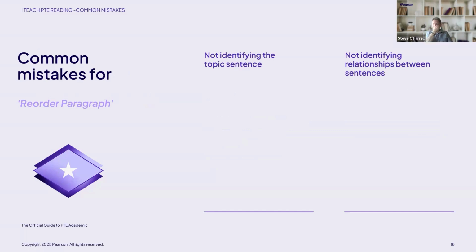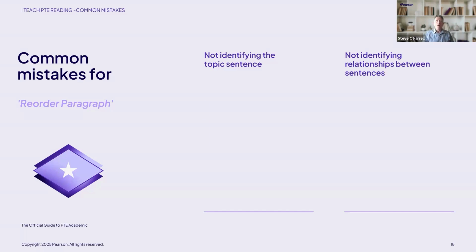Reordering the paragraph. This is one that teachers tend to like doing. There's a certain almost mathematical aspect to reordering paragraphs because you can teach the stages. And crucially, the most common mistake here is not identifying the topic sentence. Every paragraph in this question type has a fairly clear topic sentence.